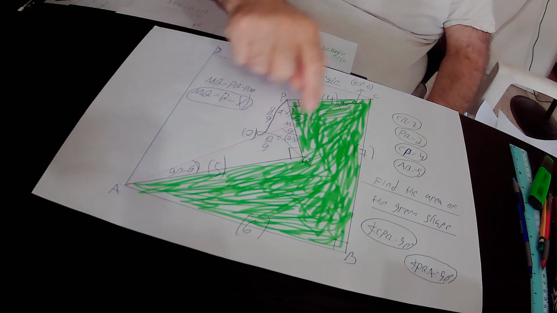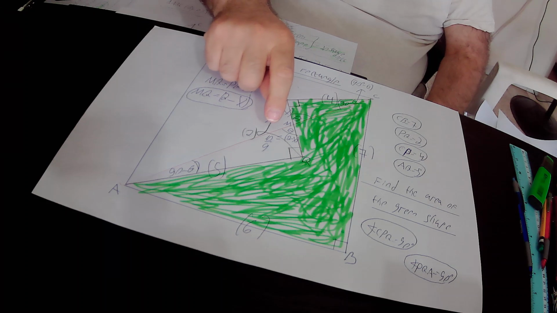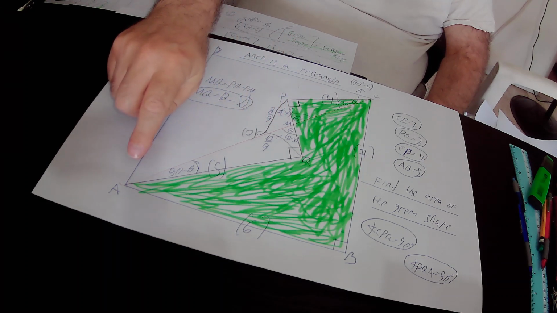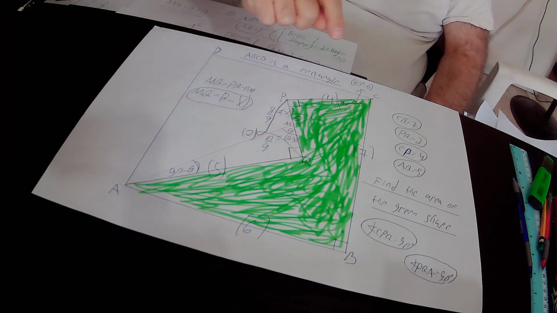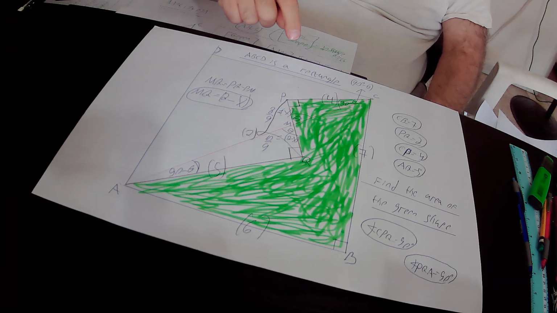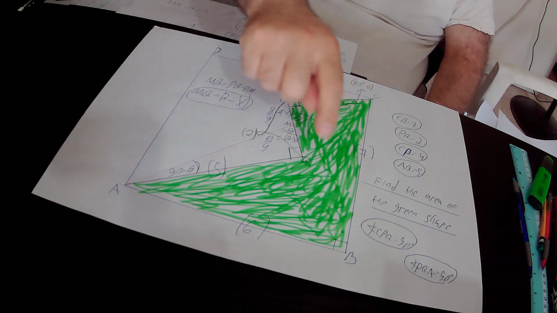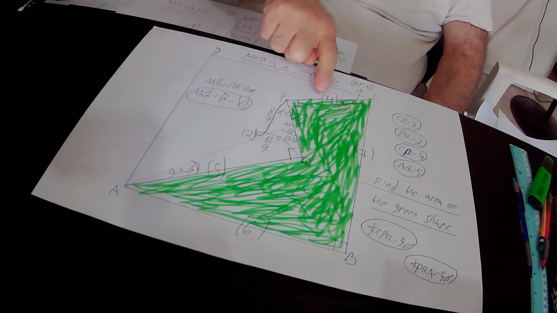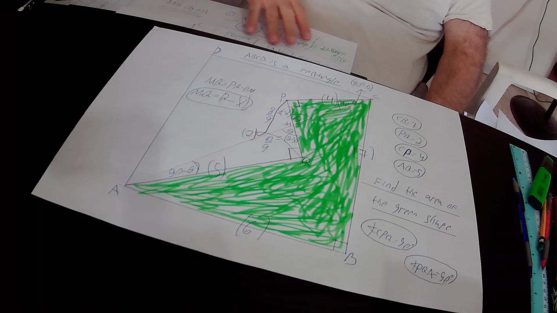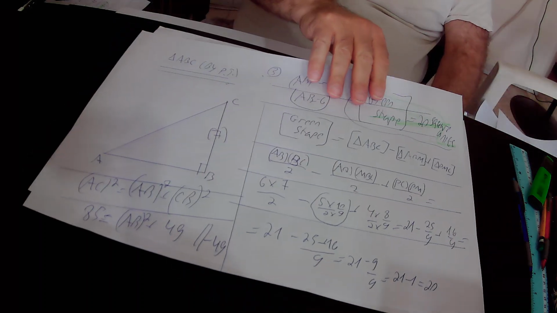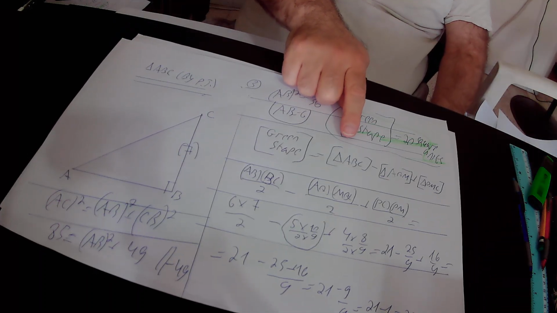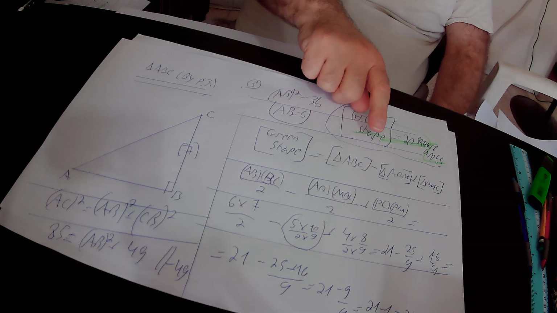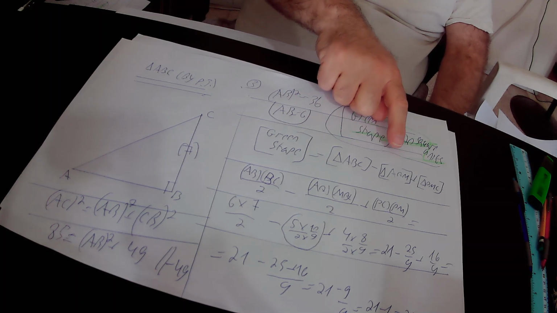We have to subtract from the area of the right triangle ABC the area of the right triangle AQM, because we are interested only in the green area. And because the area of triangle ABC does not include the area of this green small triangle PMC, we have to add to it the area of this green small right triangle PMC. So in total, the area of the green shape equals the area of the big right triangle ABC minus the area of the white right triangle AQM plus the area of the green small right triangle PMC.